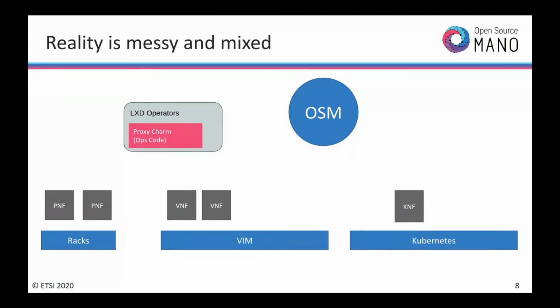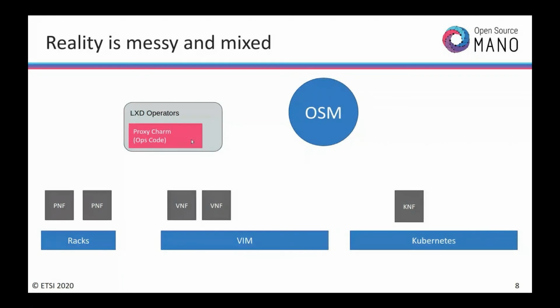All of these automation ecosystems have their own places where developers can meet, discuss ideas, and share code, and OSM leverages the charms, which are backed by Juju.